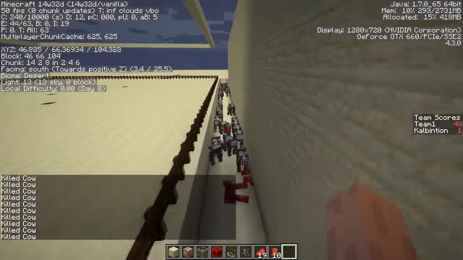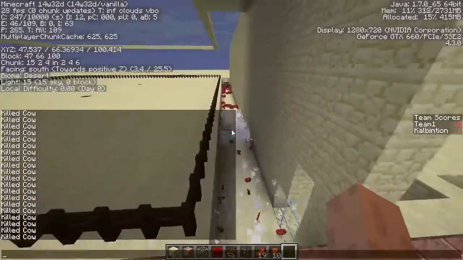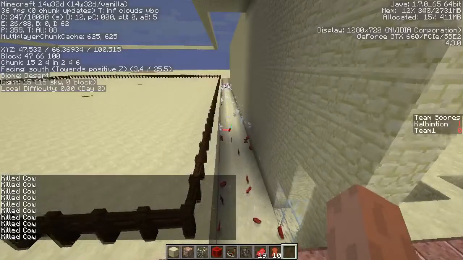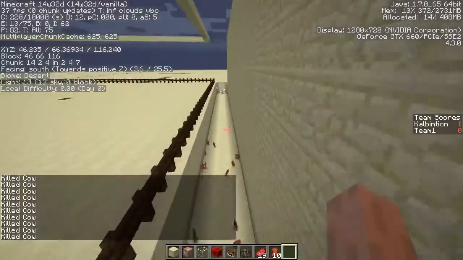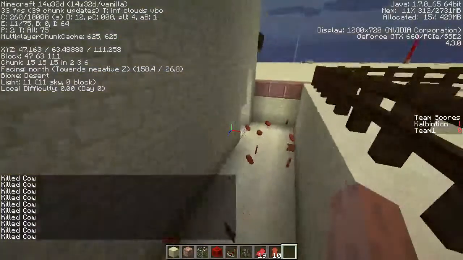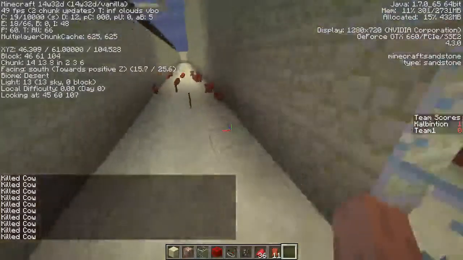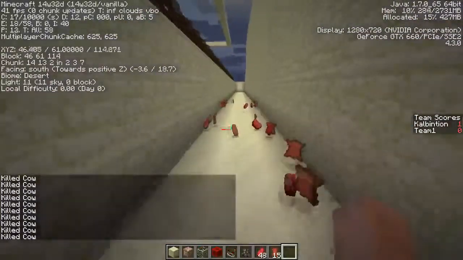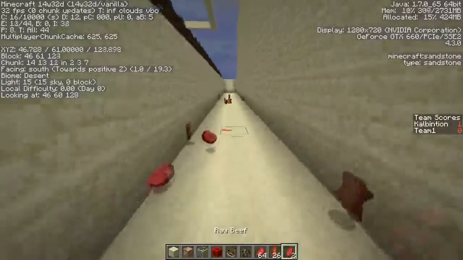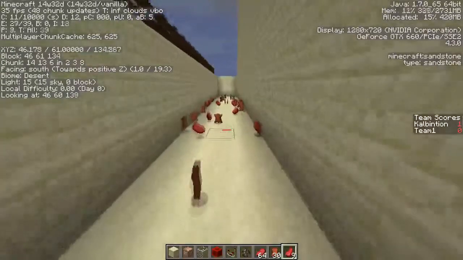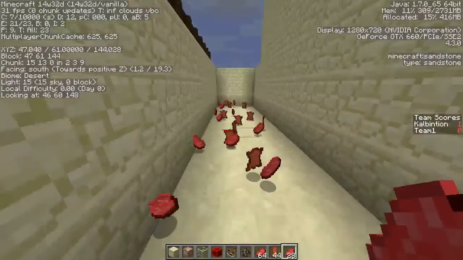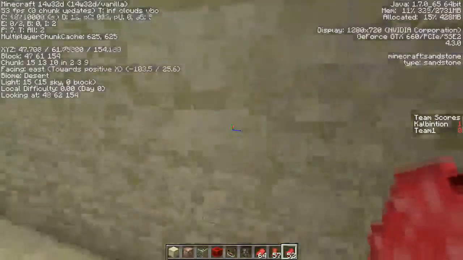Let's kill off 10 cows, and it does immediately update. Alright, now team 1 is back to 0. But yeah, for the entities, I'm a little weirded out on that. Oh, I would have had to use execute and then the stats command.